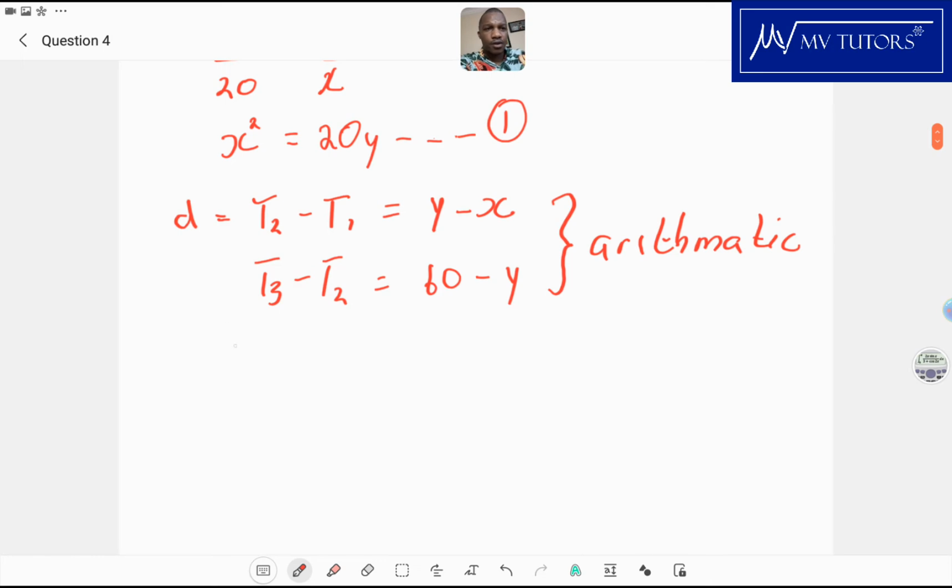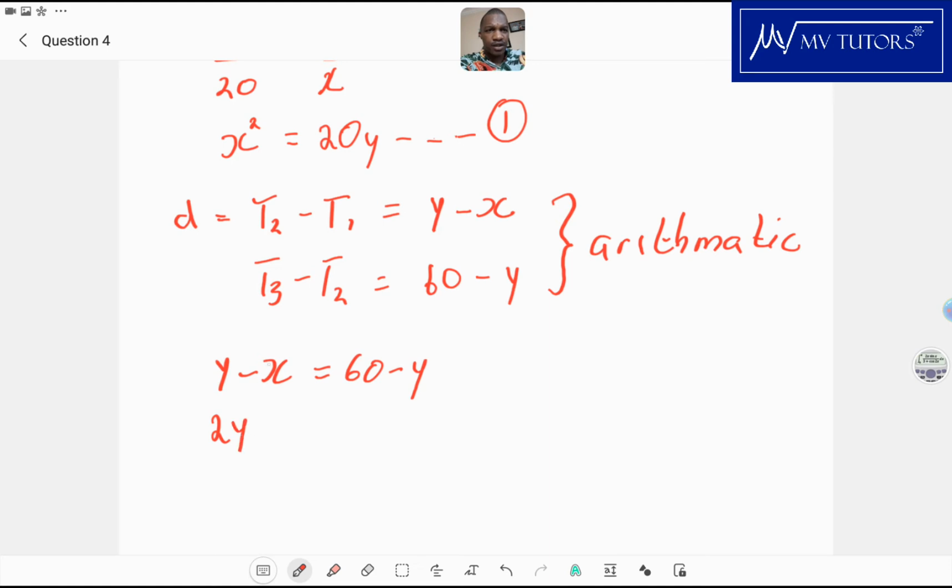So if you equate them, they should give us the same answer. So we have y minus x is equal to 60 minus y. Let's just combine them and see what we get. I'm going to take this y to the other side, and it changes sign to a positive. So I have 2 y's.